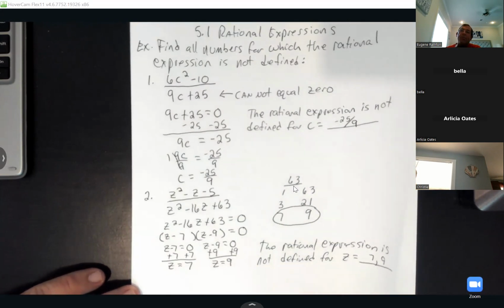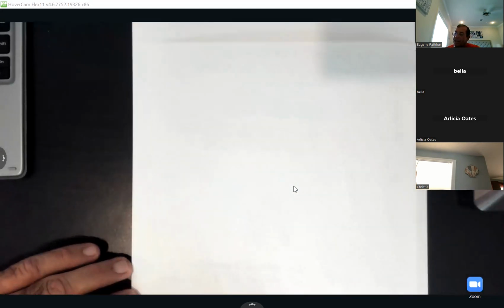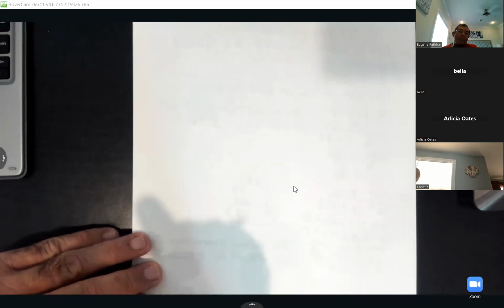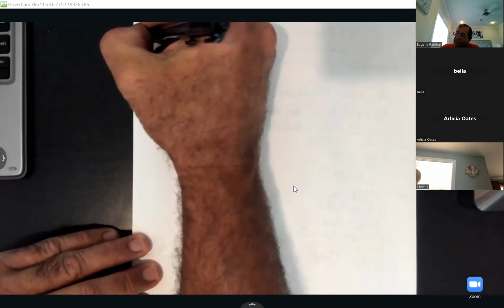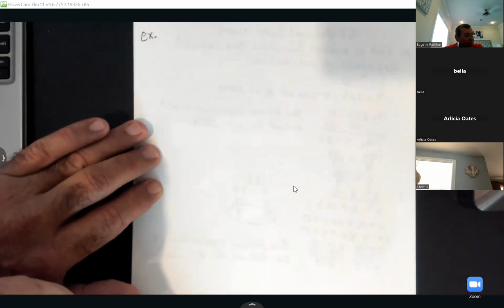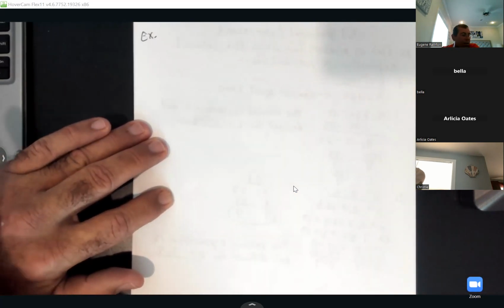Now, starting at number 3, they're going to want the actual domains. And on the domains, they're going to write them in set builder notation and interval notation. And we've been doing domains, so this is not too new, except that they're putting x squared terms down there.